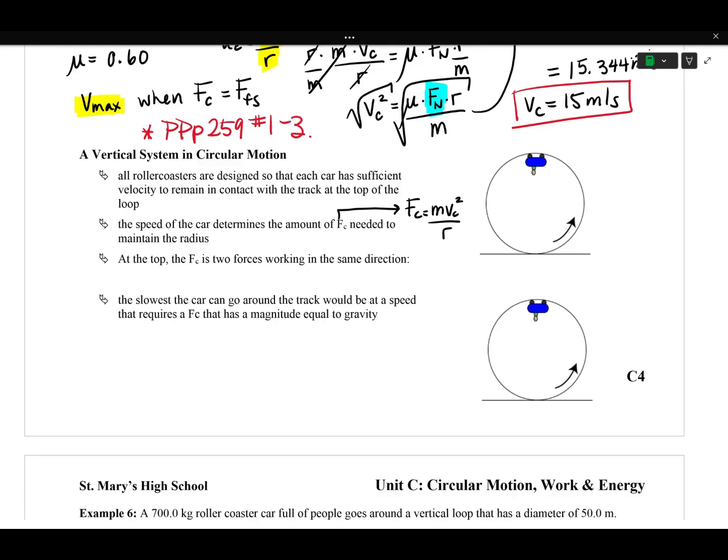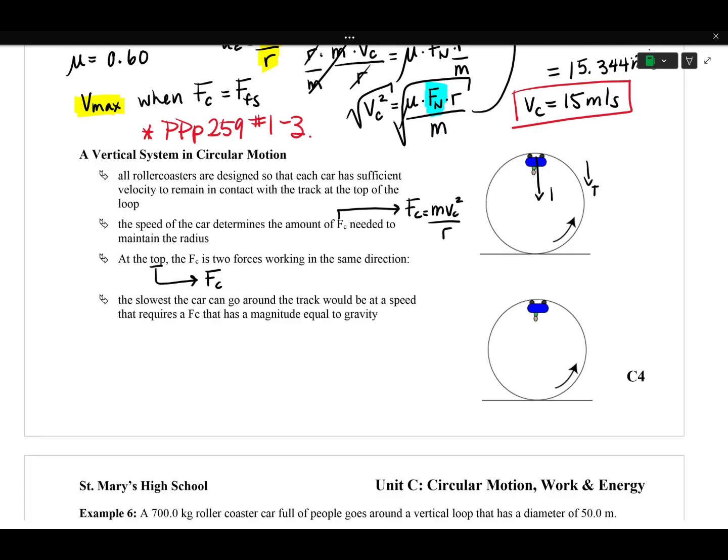At the top of the track, we have 2 forces working in the same direction. So there's 2 forces that are acting as our centripetal force. This is at the top. If you take a look at this picture here, what 2 forces are pulling on the roller coaster towards the center of the track?